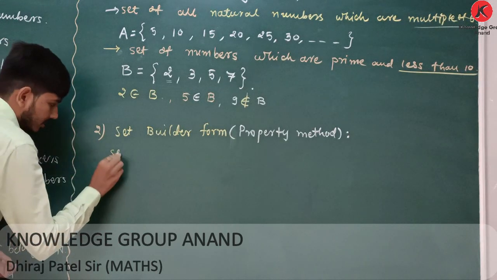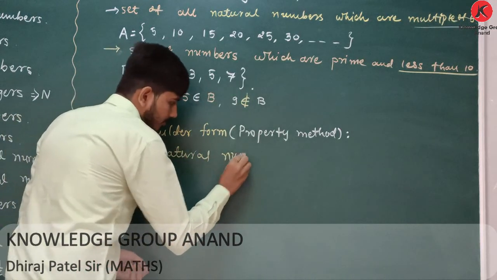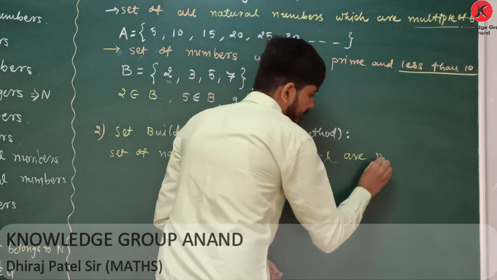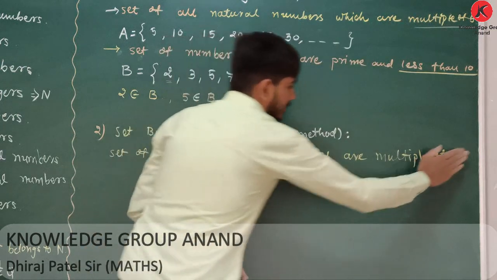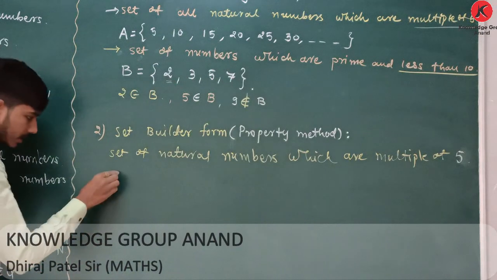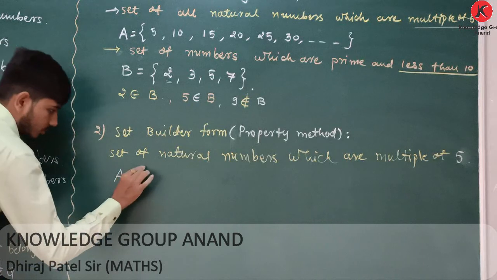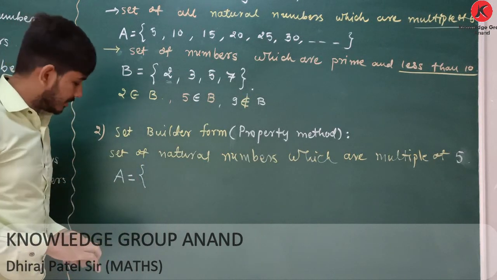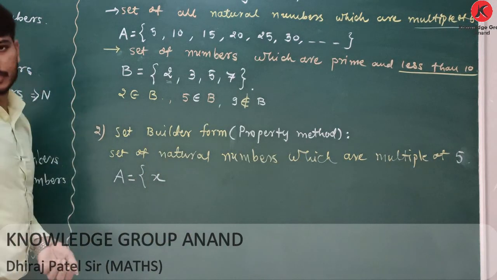Set of natural numbers which are multiples of 5. Now see here. First of all, give the name set A, which equals curly brackets, required for the representation of a set. Now consider some variable.